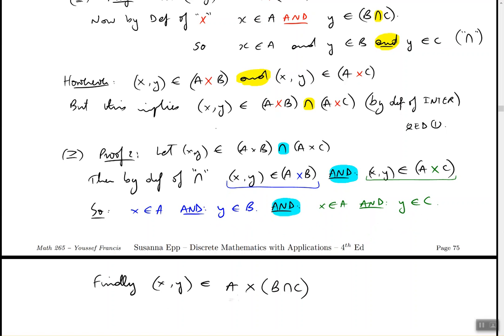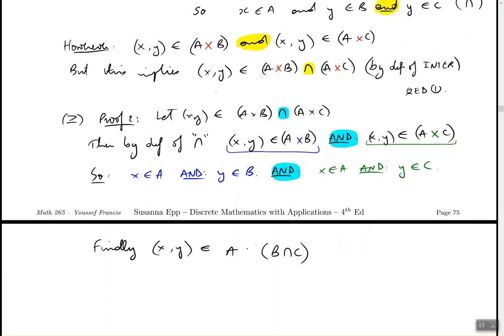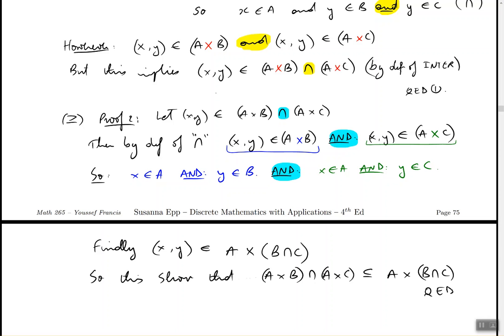And the x belongs in A, regardless. So, as an ordered pair, the x comma y belongs in A crossed B intersection C. So this shows that if you start with A cross B, intersected with A cross C, then you'll be a subset of A crossed B intersection with C. And this is the end of proof 2.